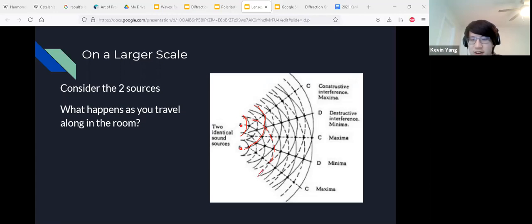This figure looks a little bit busy, but essentially, if we look at just one of these points, this is a full line, and this is a dotted line, and this is a full line, and this is a dotted line. We see these alternating full lines and dotted lines because we're going to have peak, trough, peak, trough, peak, trough, peak, trough, right?